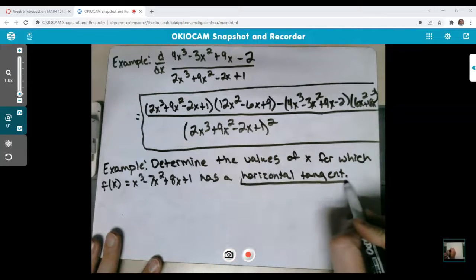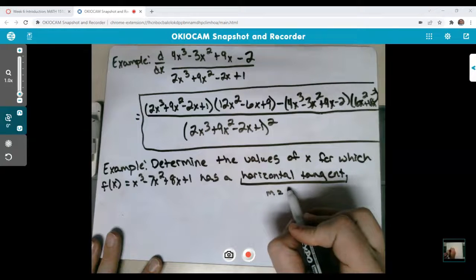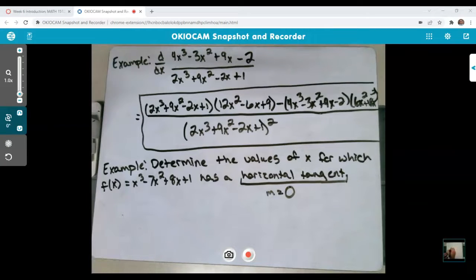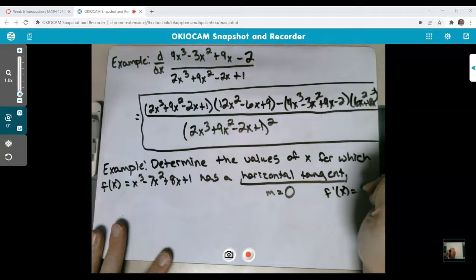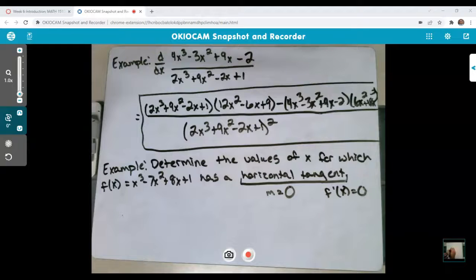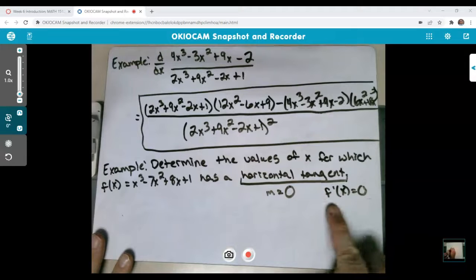Horizontal tangent means I'm looking for where my slope is equal to 0. That's the whole point. Well, what we have learned so far is that the slope, I can find that by finding the derivative, right? So what this is really wanting to know is where is the derivative of x equal to 0.